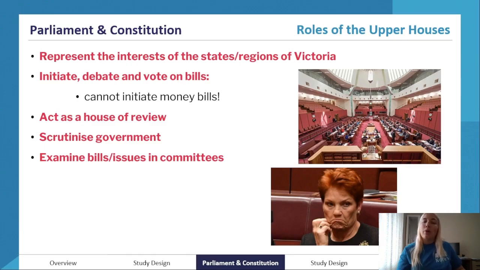Whereas in the upper houses, let's look at Victorian level, for instance, there is a set number of representatives that will form the upper house from each region that Victoria is divided into. So there is geographical representation when we're looking at the upper house based on distinct geographical areas. That's how we represent the interest of regions of Victoria, not necessarily the people.